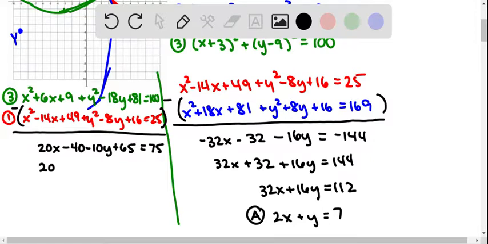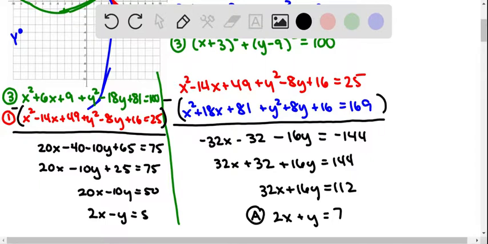So we get 20x minus 40, let's go ahead and combine like terms. 20x minus 10y, excuse me, plus 25 equals 75. So we have 20x minus 10y equals 50. And if we divide both sides of that by 10, we have 2x minus y equals 5. So let's call that equation B.